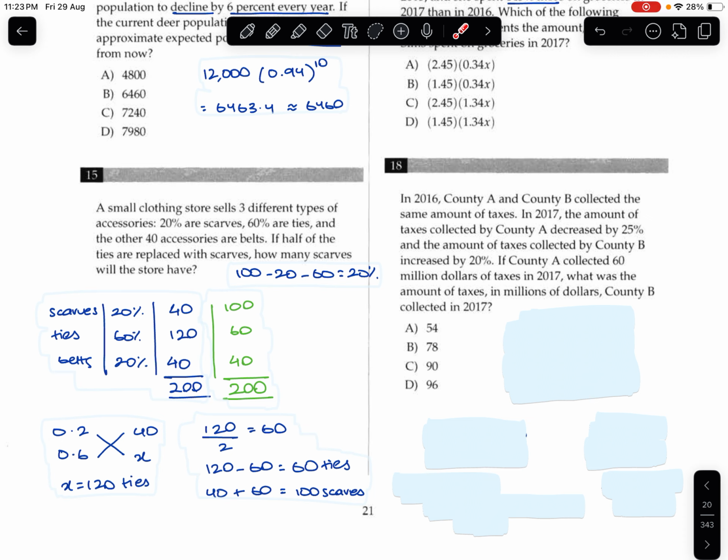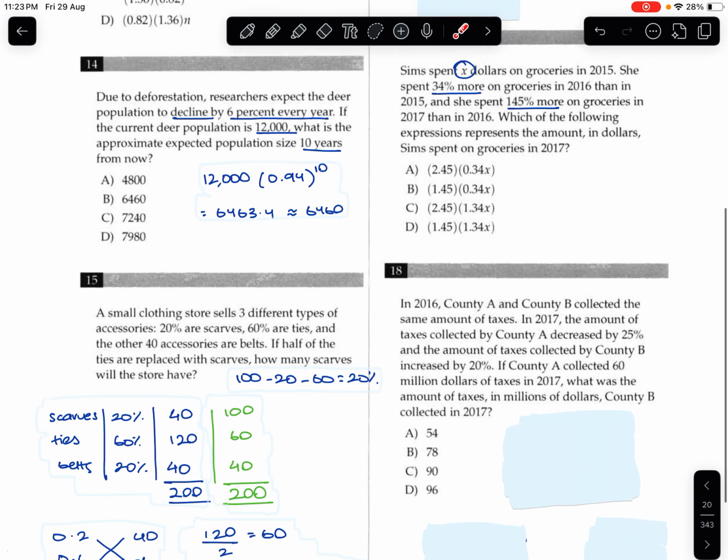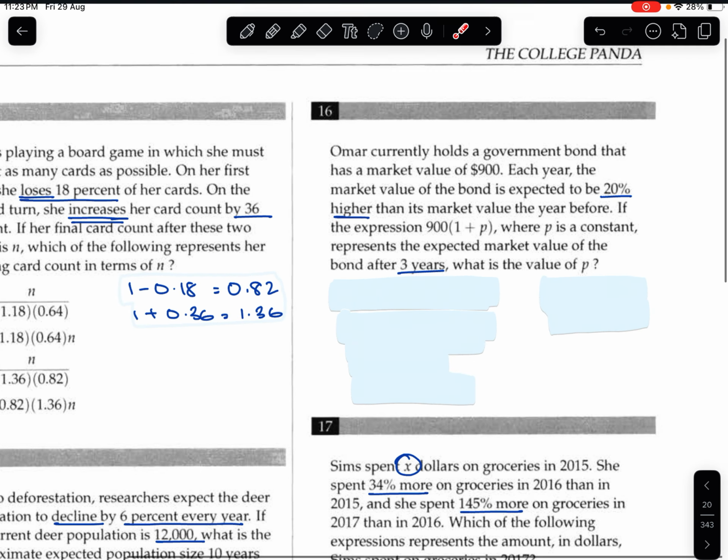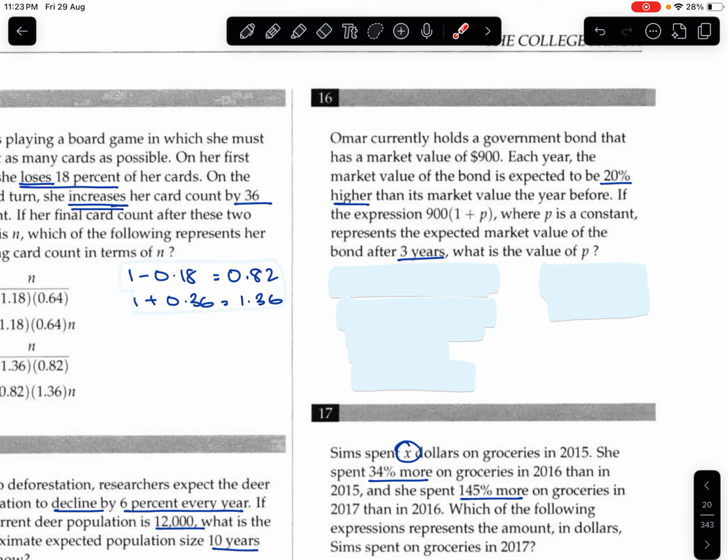Now we have 100 scarves, 60 ties, and the belts remain the same, 40. And if we total up these two columns, we are still getting the same 200. So the question asked how many scarves the store has, and we have told them that scarves bump up to 100.